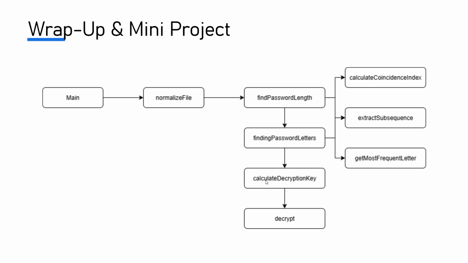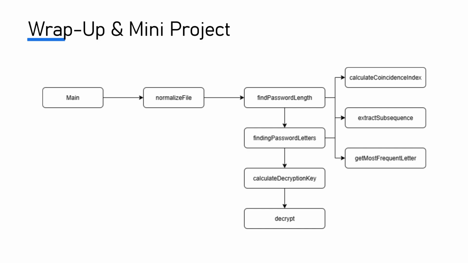And after we will calculate the decryption key. Of course, after finding the password letters, we need to decrypt the key to find the specific password, and then we need to decrypt the text using the password that we already found.